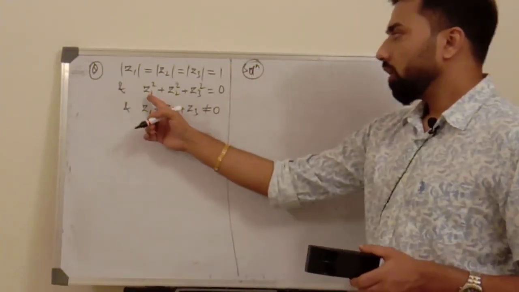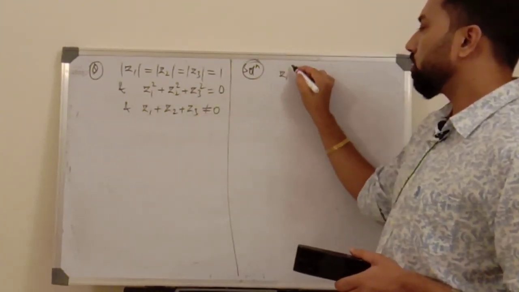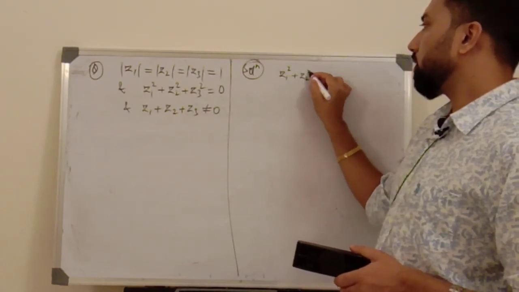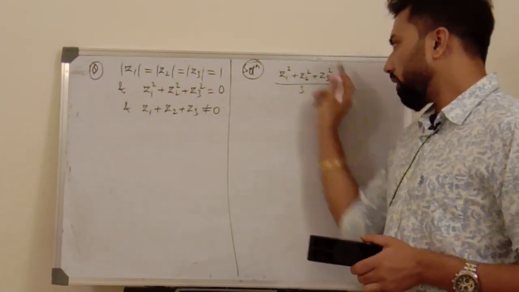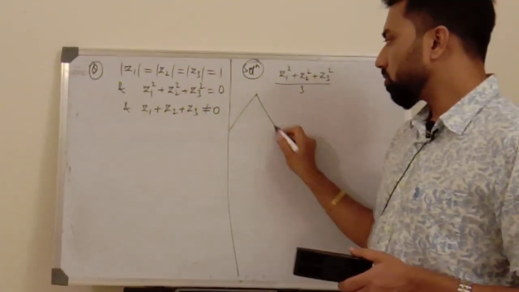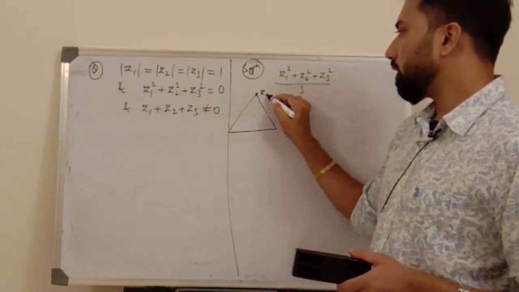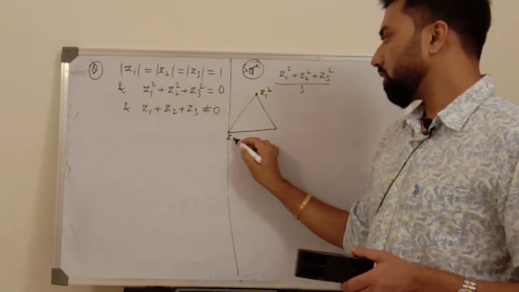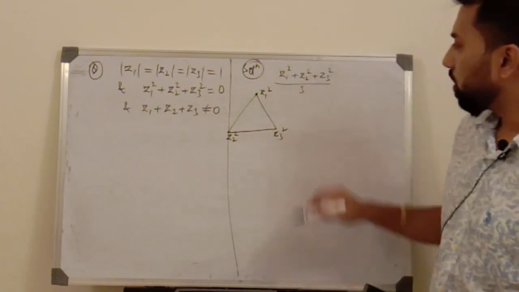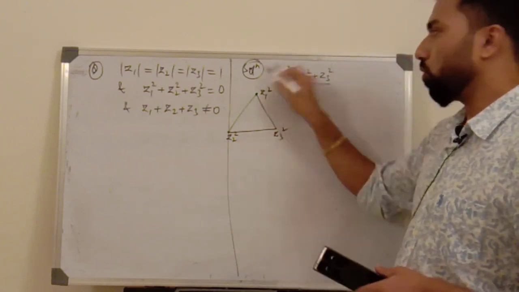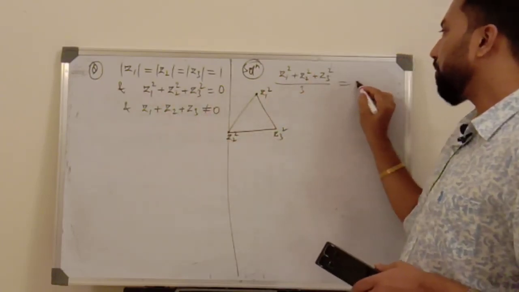तो solution के लिए सबसे पहले हम ये देखते हैं कि ये जो complex numbers यहाँ पर, ये जो statement लिखा है यहाँ पर, अगर मैं ये statement लिखता हूँ z1 square plus z2 square plus z3 square upon 3, तो ये अगर मैं एक triangle लेता हूँ और उस triangle के तीनों points को मैं z1 square, इस point को let's say z2 square, और इस point को z3 square लिखता हूँ, तो इस triangle के centroid का formula ये होगा, right. और यहाँ से हमें ये पता है कि by 3 करने पर भी इसकी value 0 रहने वाली है.